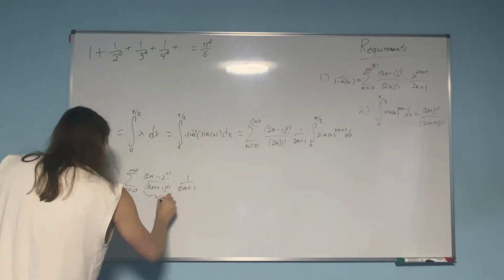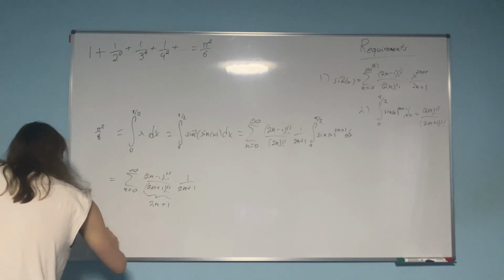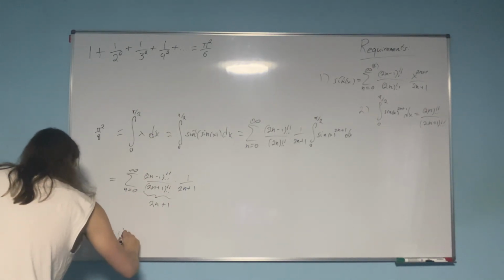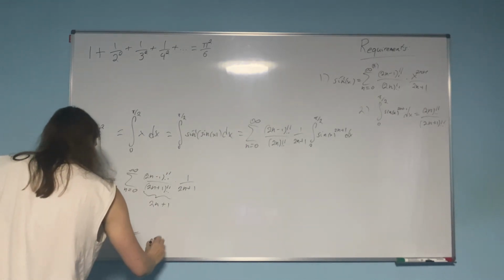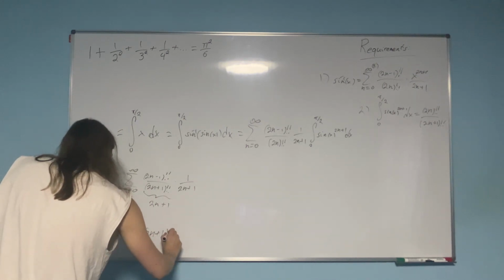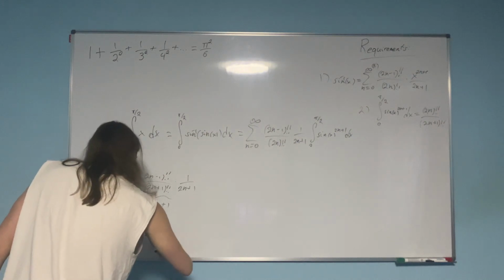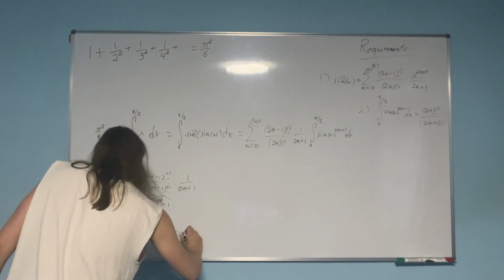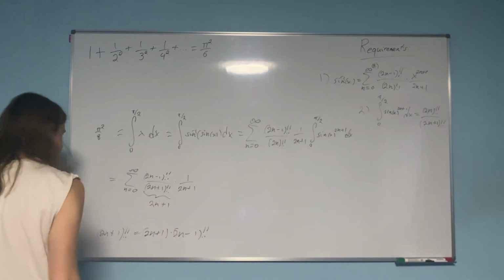And notice this is also 2n plus 1, simply because of the recurrence relationship. A double factorial is the same as, well, that same number times the double factorial of the input that is 2 less. So 2n plus 1 times 2n minus 1 double factorial.